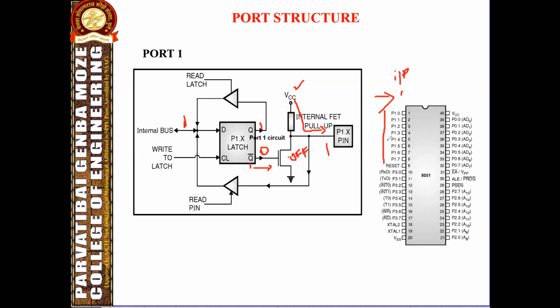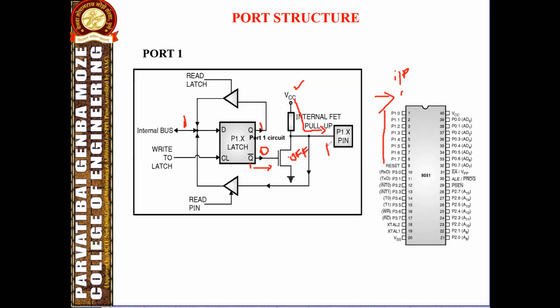So for the write operation to port 1, we were providing 1 here, and it will give the complemented output 0. 0 enters this gate terminal, and this transistor acts as a switch and stays off in that state, and the high signal is provided on this terminal, so the current will flow.